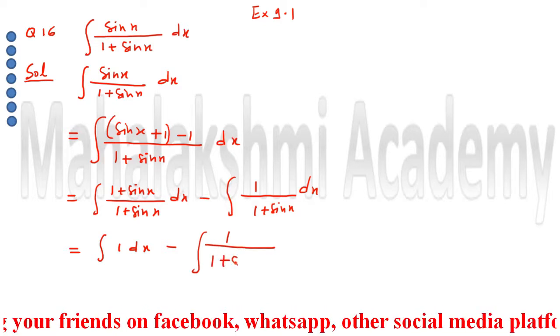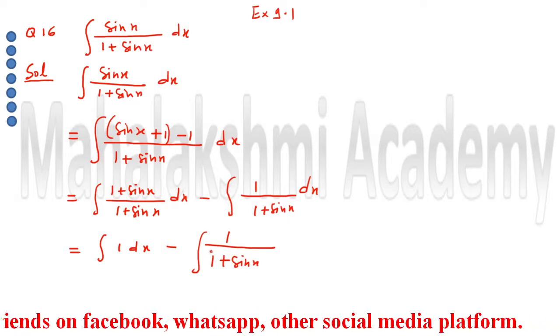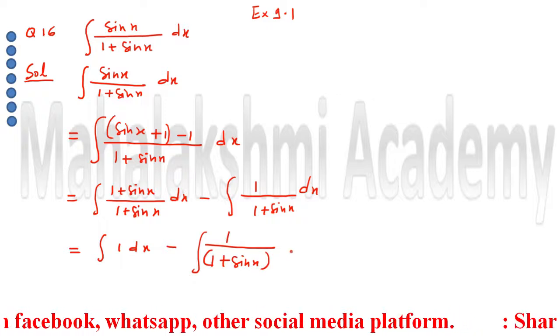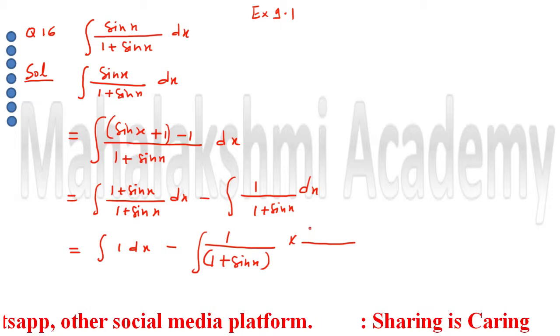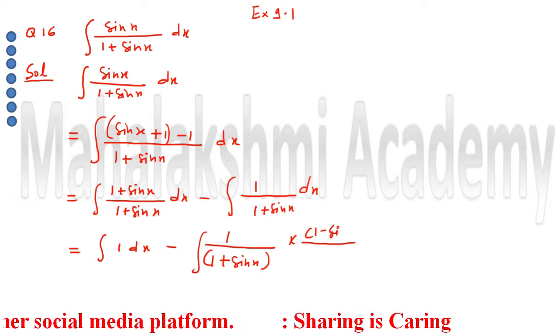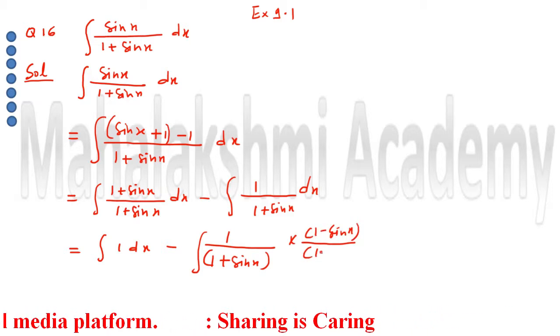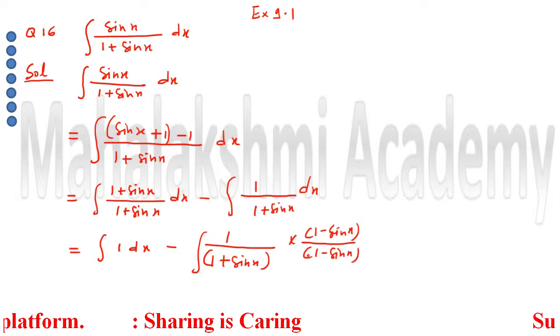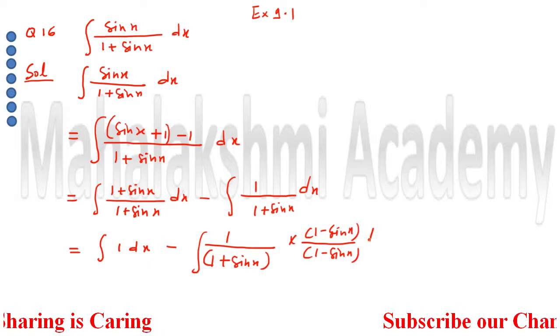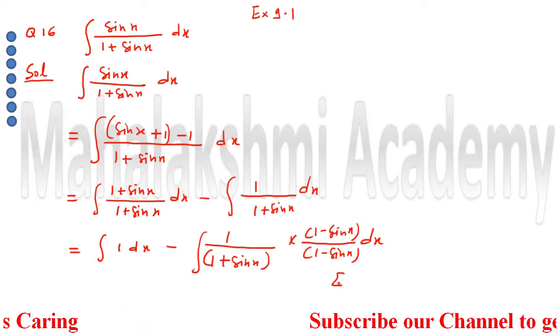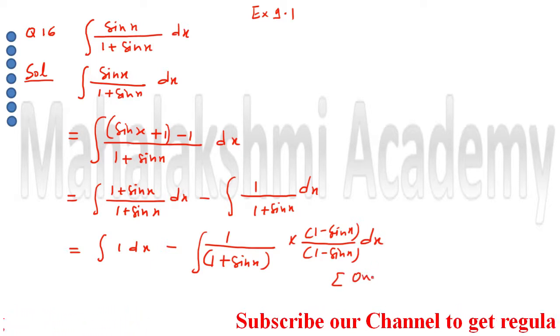Here I have 1 plus sin x, so with the opposite sign in the middle, that is 1 minus sin x upon 1 minus sin x, and then dx.